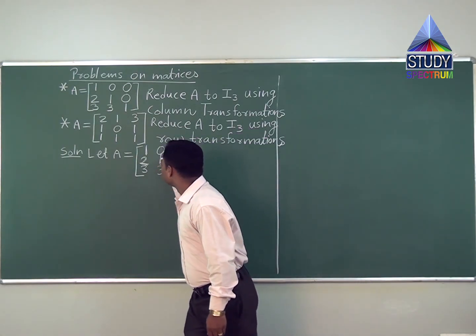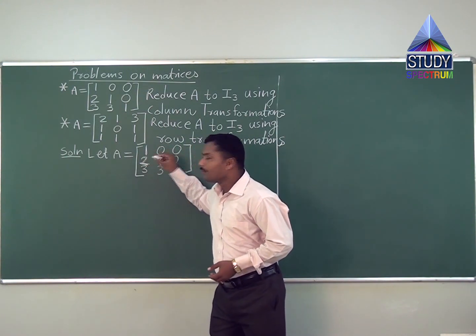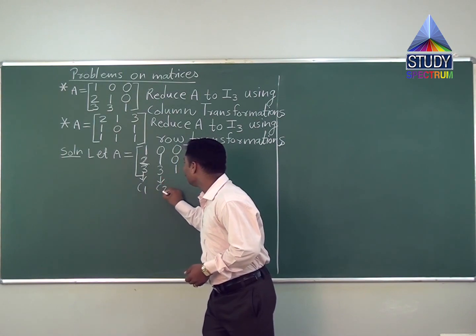So this is the first column, this is the second column. This is C1, this is C2.